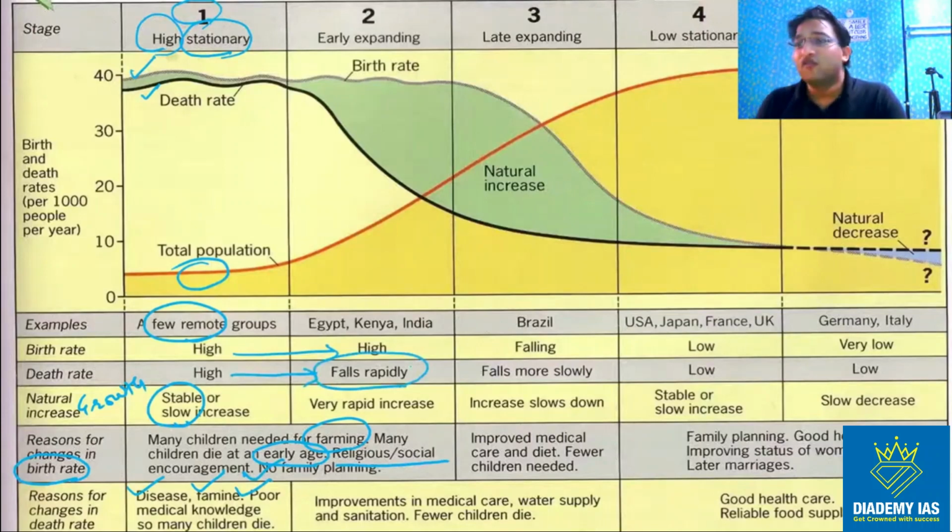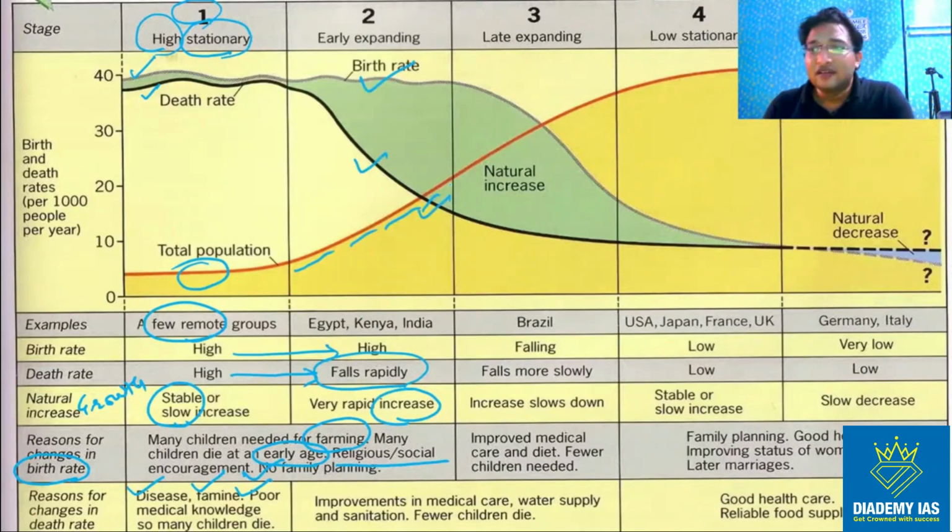Death rate आपका fall करना शुरू कर देता है, और death rate fall करने की वजह से the growth rate increases very rapidly, right? So you can see this is the growth rate, this is increasing very rapidly. So population is growing very rapidly. So birth rate remains high, death rate decreases rapidly. Because of that, the population growth rate becomes very high.